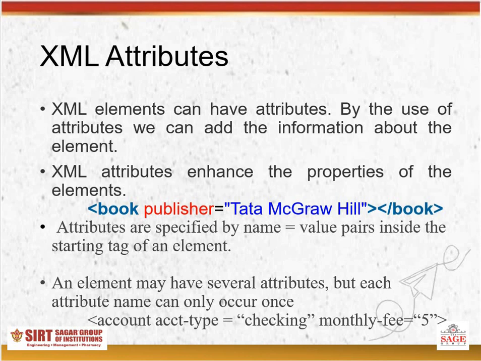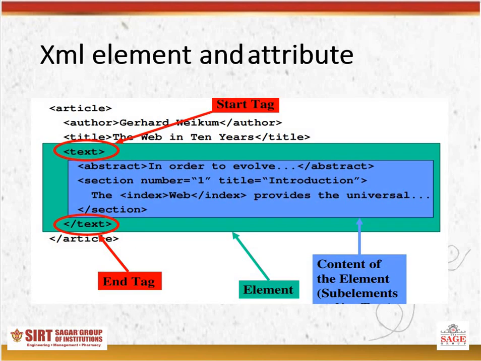So account is an element. Account type is a kind of attribute. Monthly fee is a kind of attribute. And you should always keep in mind that every starting tag has a corresponding end tag. So this is code that explains the difference between elements and attributes.